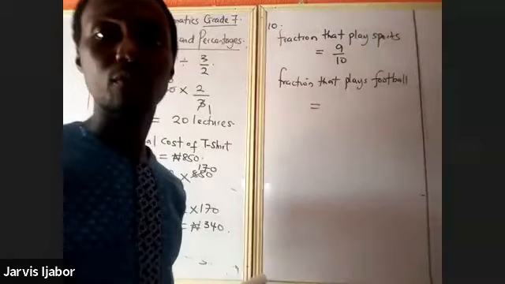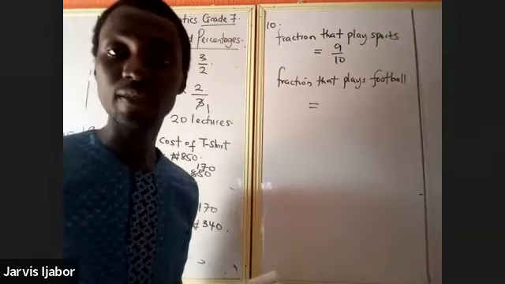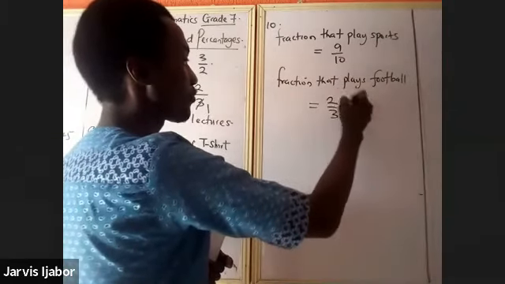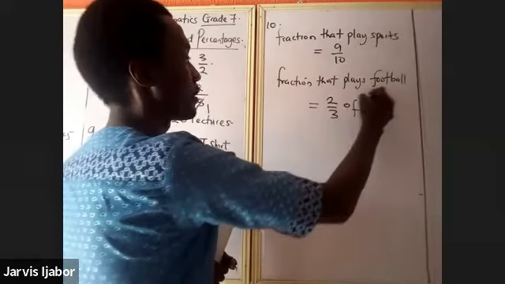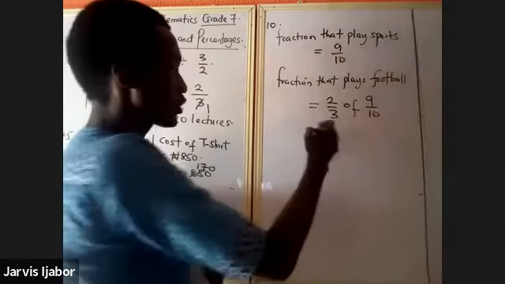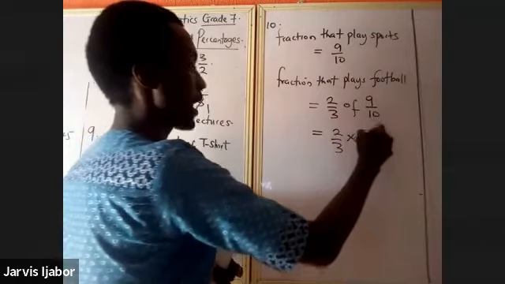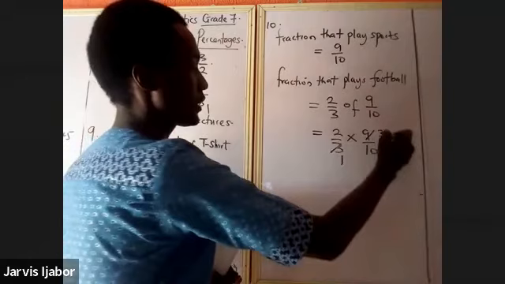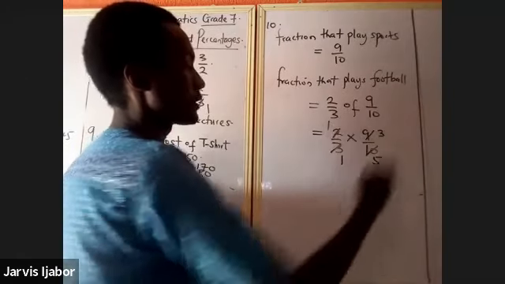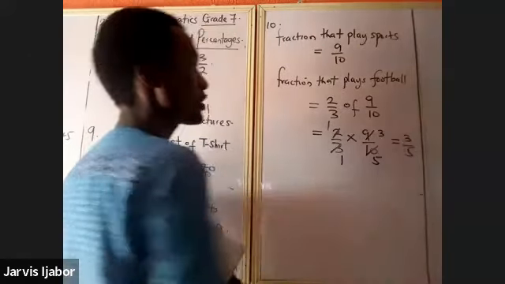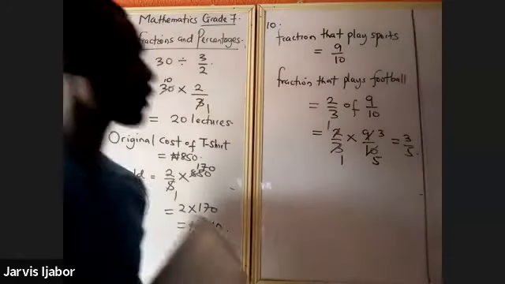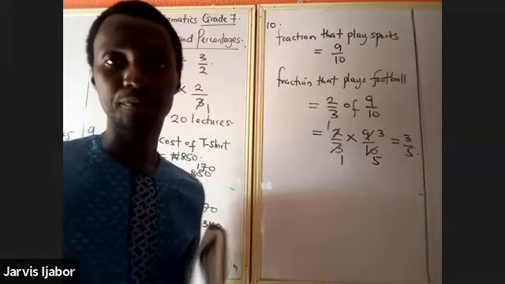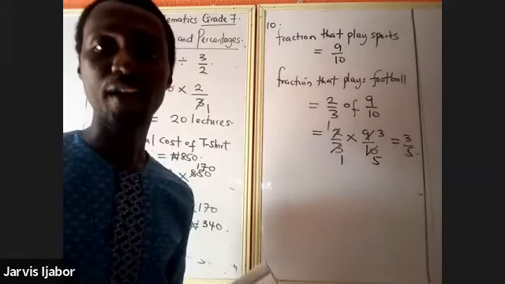Football is a sporting event. And because football is a sporting event, it will be 2/3 of 9/10, which will give you 2/3 times 9/10. So how do you do that? You cancel: 1, 3, 5, 1. And that will be 3/5. So in this school, the fraction that play football from those who play sports is 3/5.